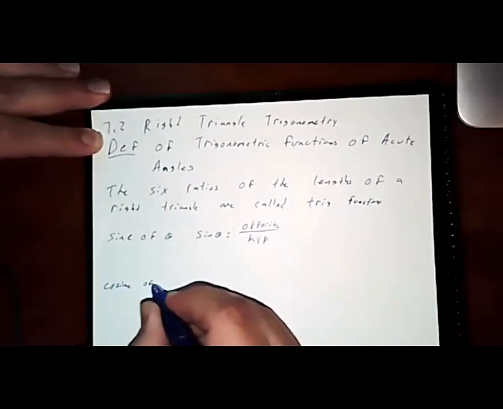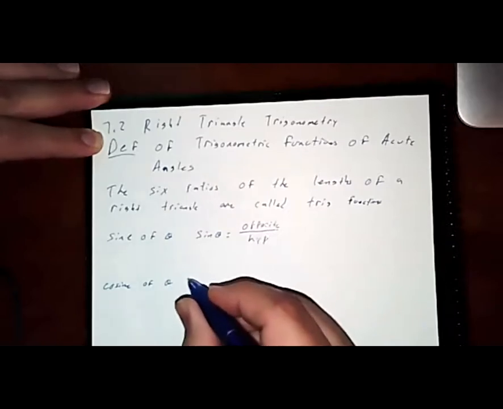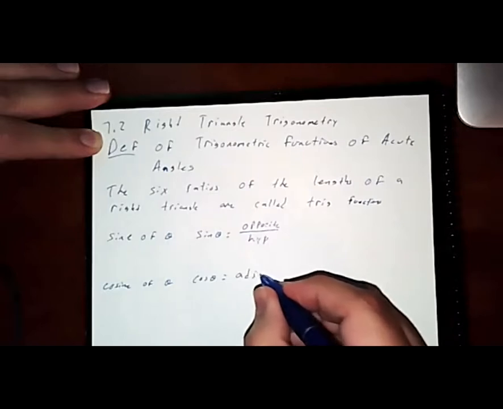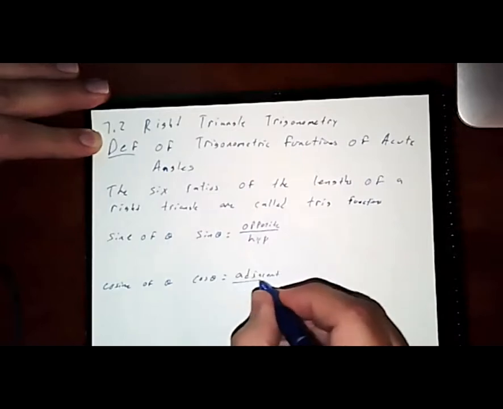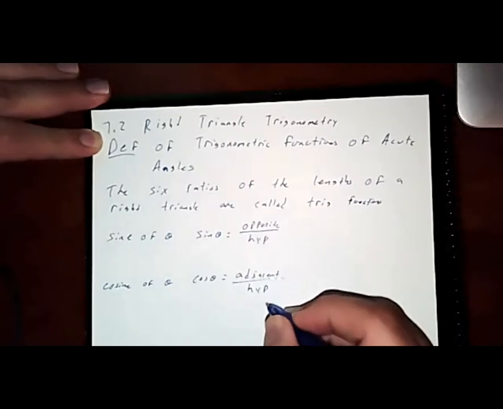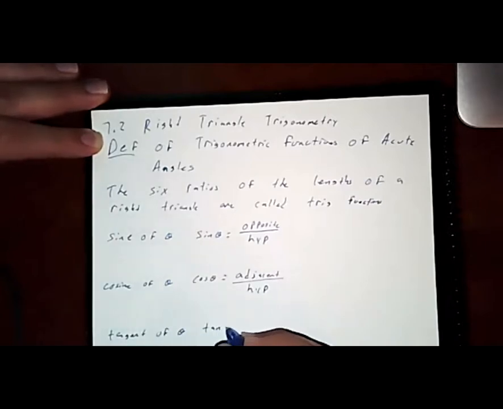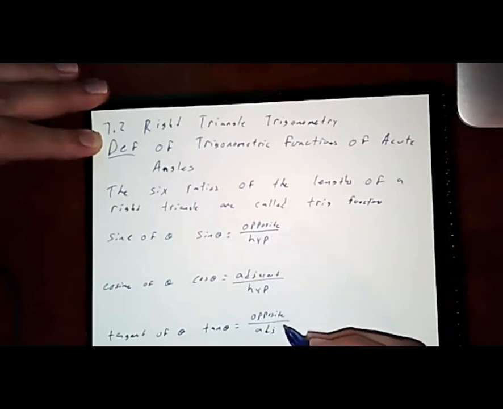Cosine of theta, cosine theta, would be equal to adjacent over hypotenuse. Tangent, I wrote that weird, but just the word tangent, of an angle theta is written as tan theta, equal to opposite over adjacent.